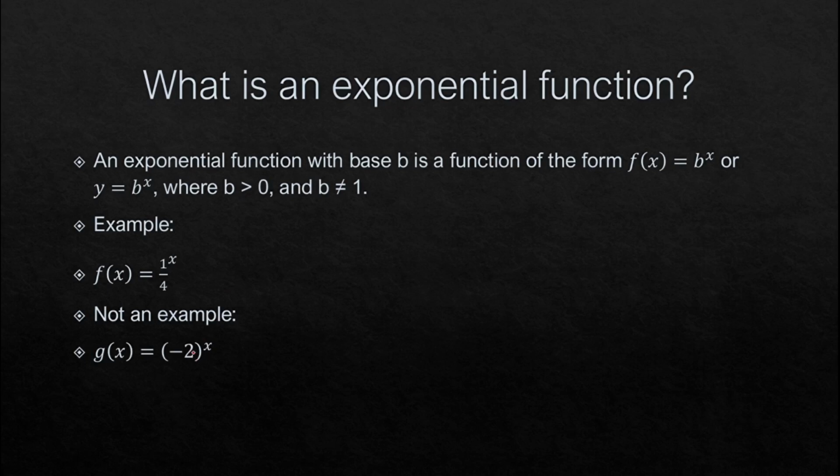Since it's negative 2, that means negative 2 is not greater than 0, and this is not an exponential function. Actually, if you graph or plot this, it isn't a smooth line, it oscillates, like dots from negative and positive y values. Usually graphing software can't graph that, but theoretically this is what it's supposed to look like, dots on the positive and negative sides.